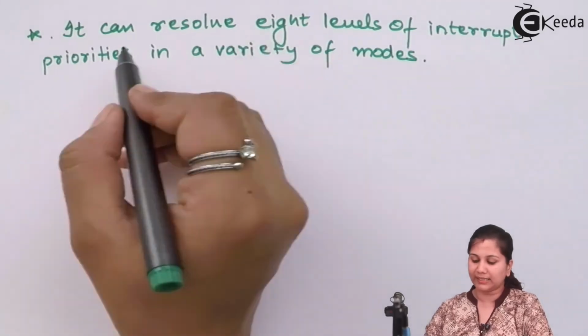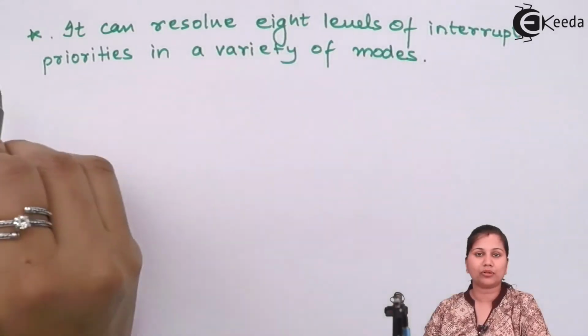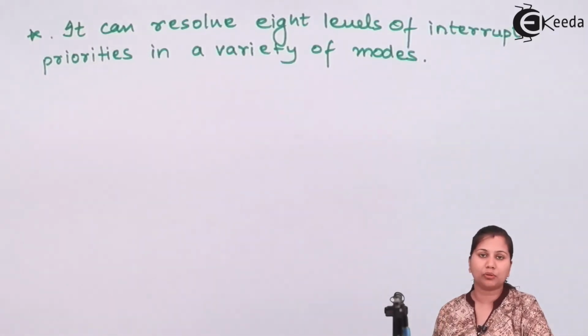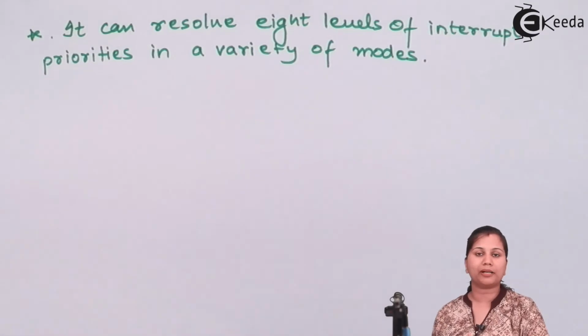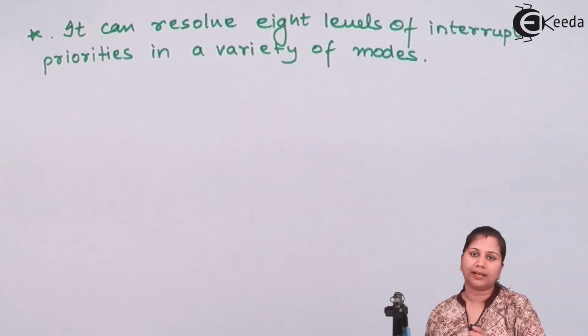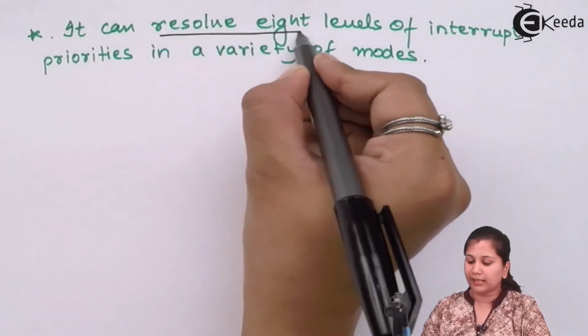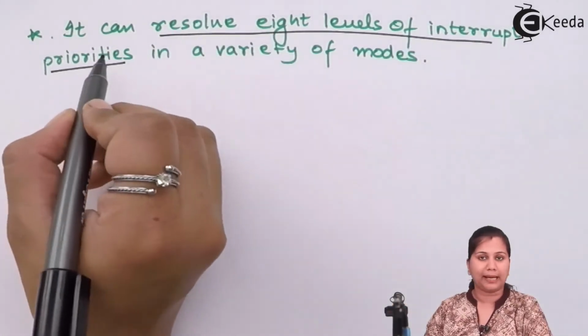We can say that it can resolve 8 levels of interrupt priorities in a variety of modes. There are various modes of operation of 8259, and according to the mode of operation, the priority levels can be decided.